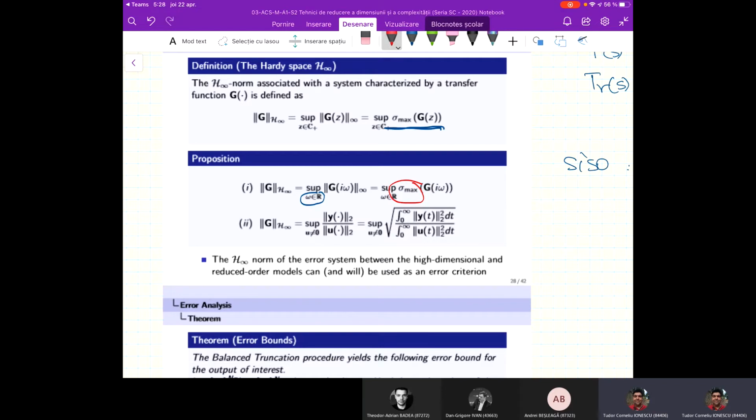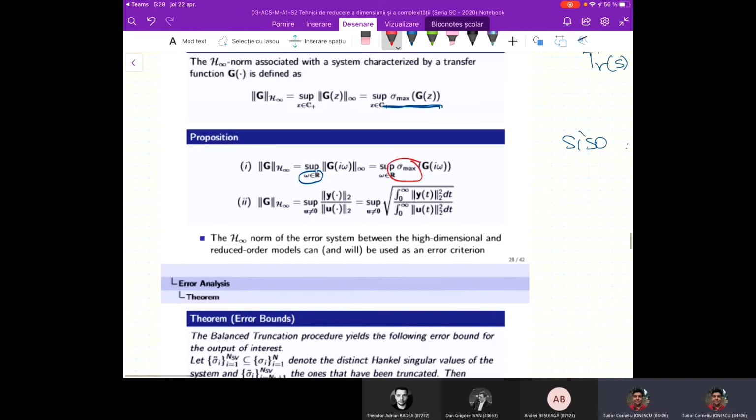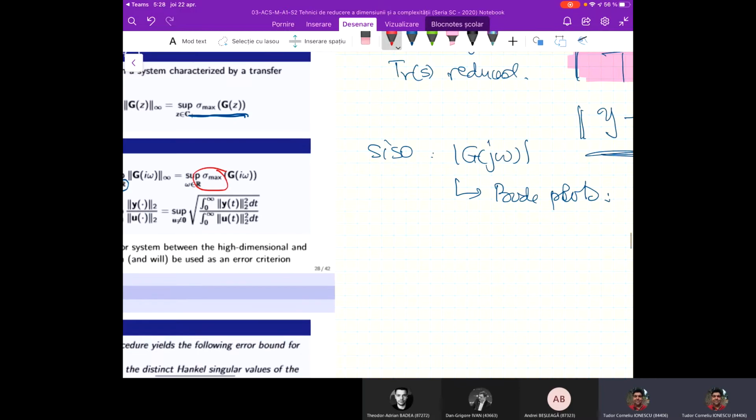We need to compare the output energy versus the input effort, okay? And this is the definition. This is the square root definition, okay? So this is very interesting. So when we look at the error, we are looking at this H infinity norm of the error, T minus T reduced, which is the supremum over U of the energy of the error versus the input energy, okay?